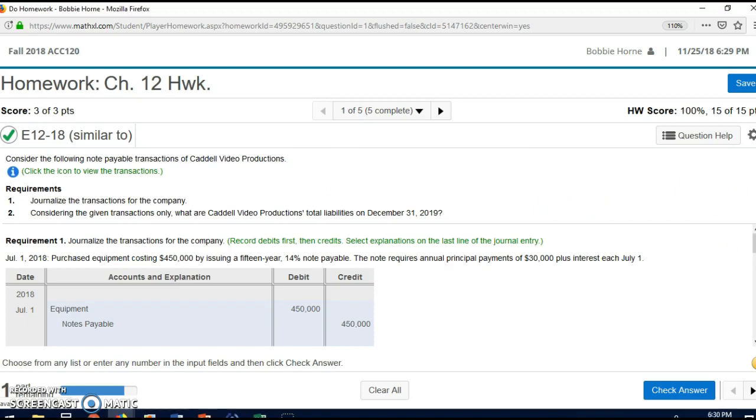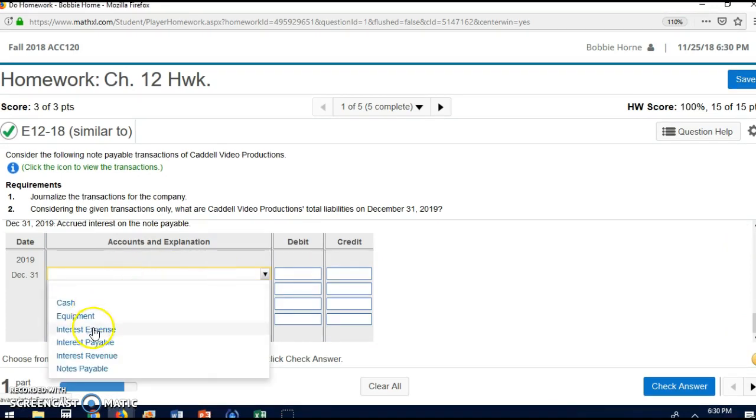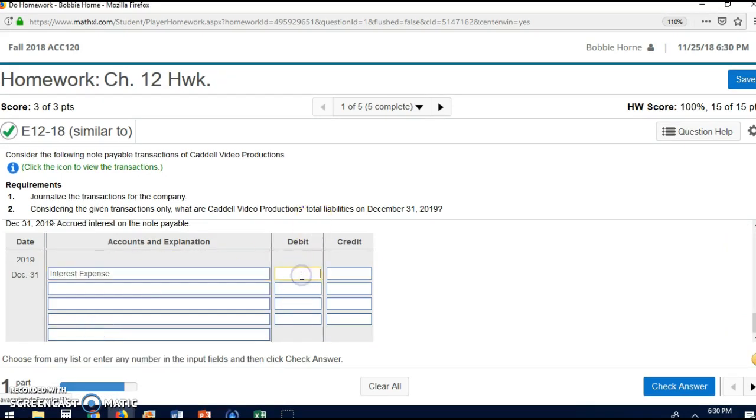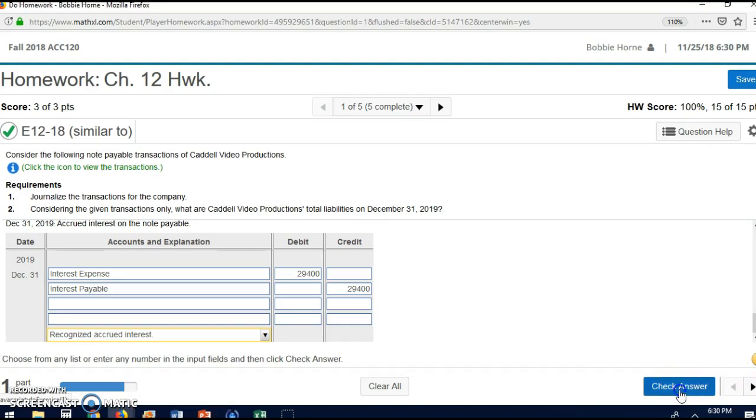So we're going to do $420,000 times 0.14 times 6 out of 12 months, 6 divided by 12. So our interest we're going to accrue is going to be $29,400. And this is to recognize accrued interest.